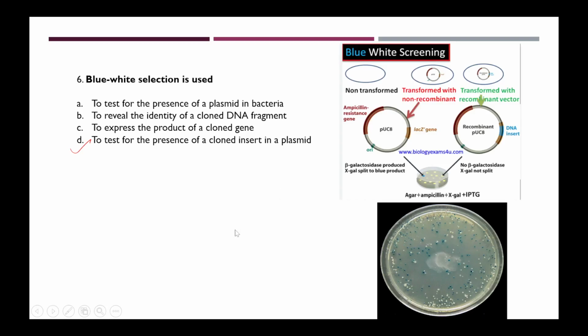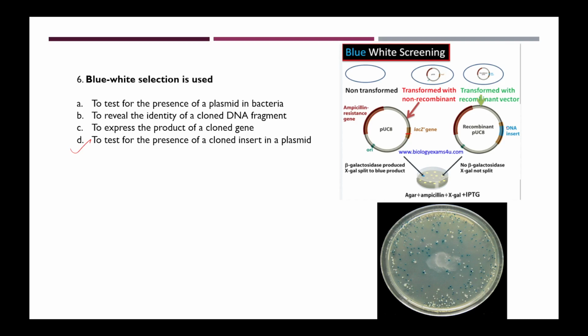So we'll see here for blue white screening. One cell is non-transformed, so it will definitely not grow as an antibiotic resistant cell. Another, there are two possibilities: transformed with non-recombinant vector, or transformed with recombinant vector. Inside the LacZ is the site for cloning the insert. If your gene is cloned into this site, the LacZ won't be active because it is now disrupted.